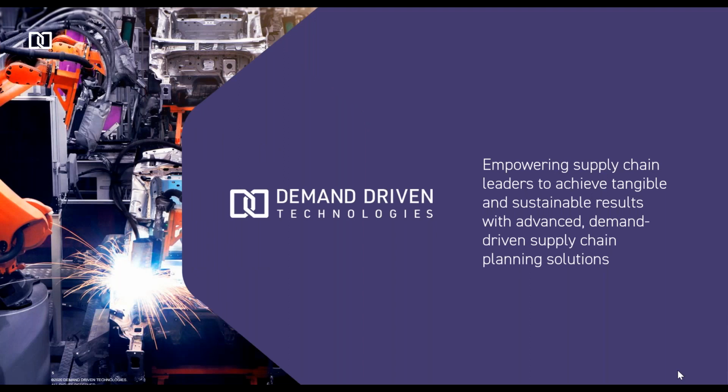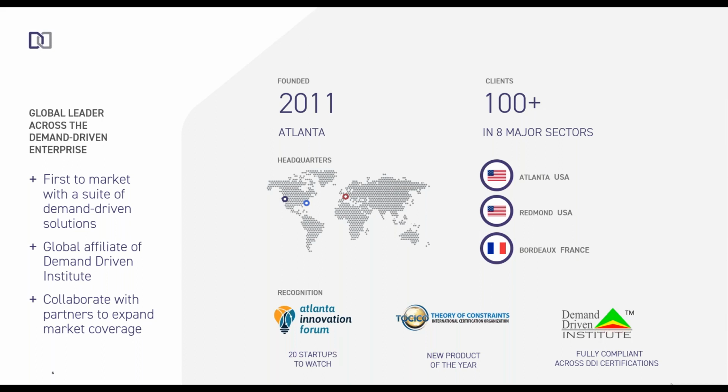So with that, we're Demand Driven Technologies, and our goal is to empower supply chain leaders to achieve tangible and sustainable results using this demand-driven approach and run more like a pilot on autopilot. We were founded in 2011, and we're very much the global leader in this demand-driven enterprise space. We are fully compliant across the Demand Driven Institute certifications.